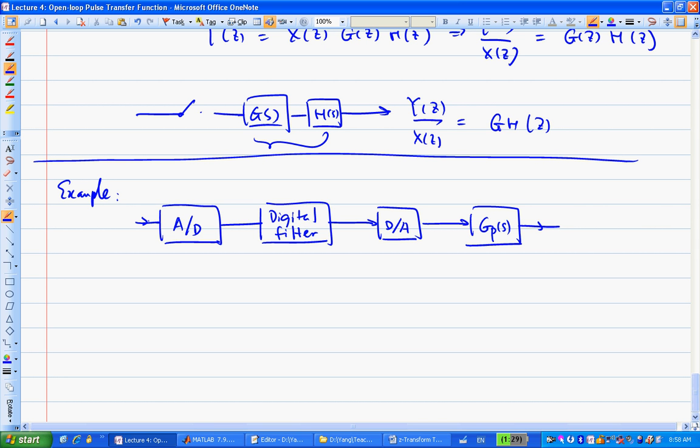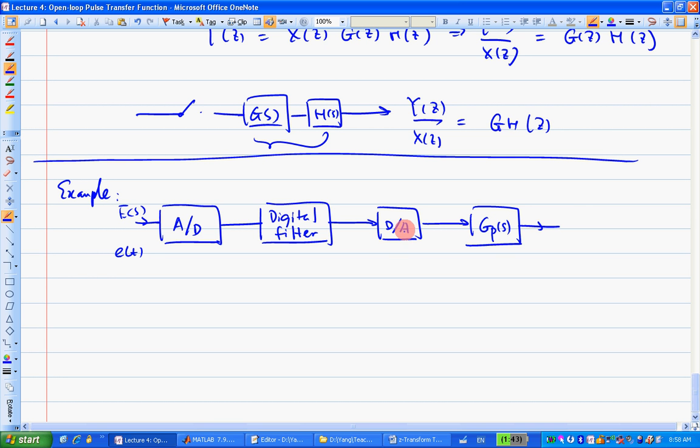You feed a certain signal into the analog to digital converter. The digital signal is given to a so-called digital filter, which is the digital controller. The output of the digital controller is given to a digital to analog converter, and the resulting value is given to the plant. So that's a sort of open loop digital control system.